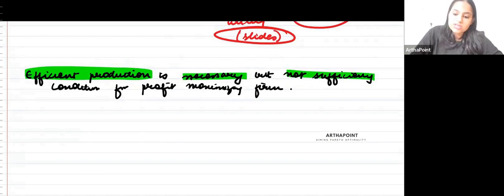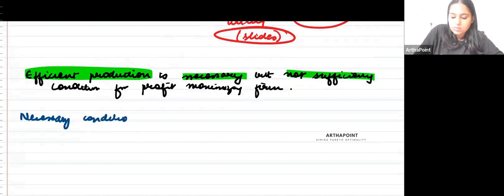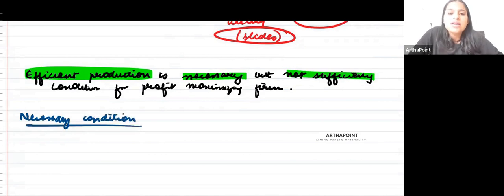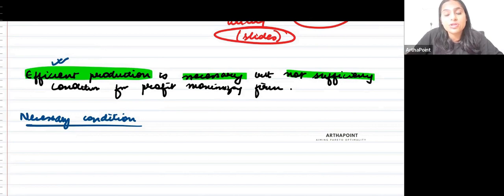Let's understand what a necessary condition is. A necessary condition says that if I am not on the efficient level, then I cannot be maximizing profit. That's the minimum requirement. I have to be doing efficient production to be a profit maximizing firm.